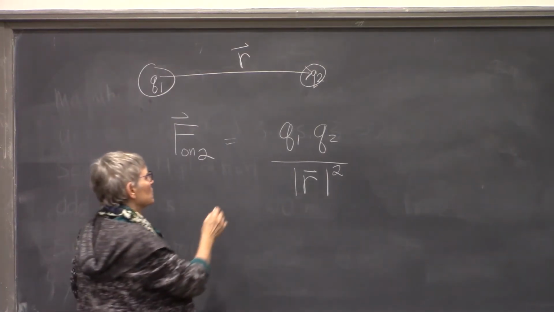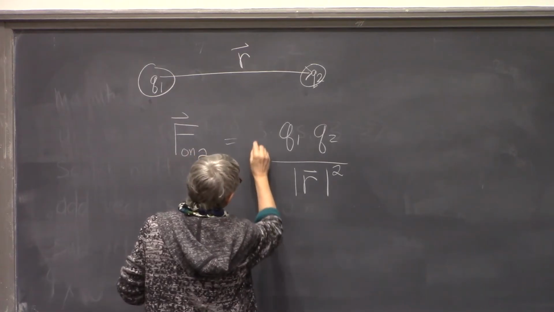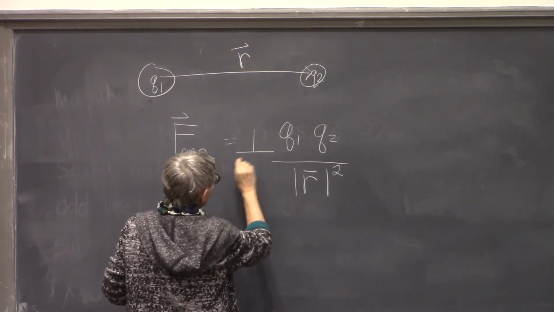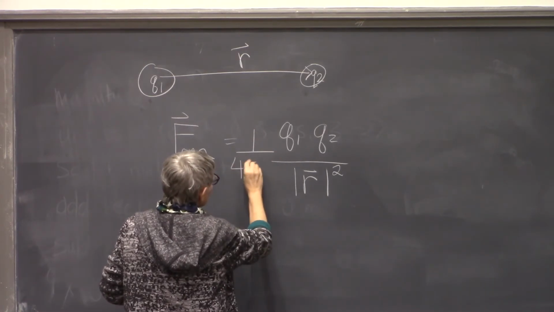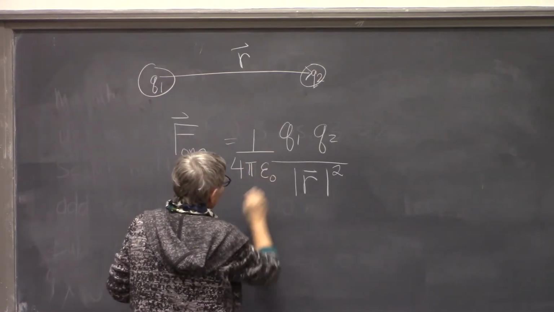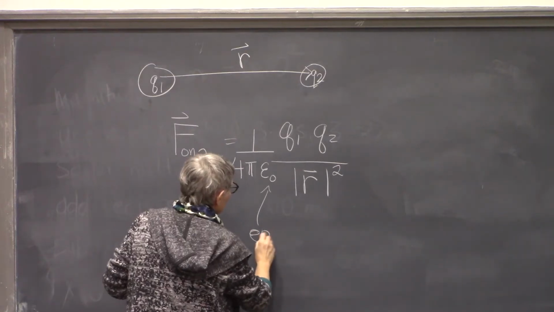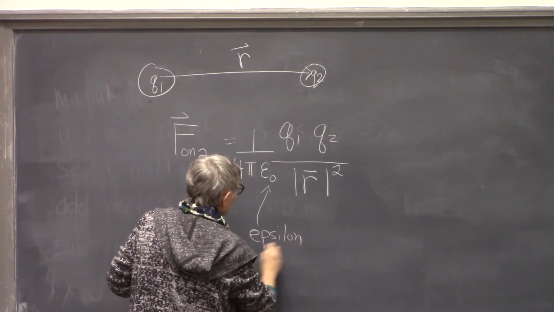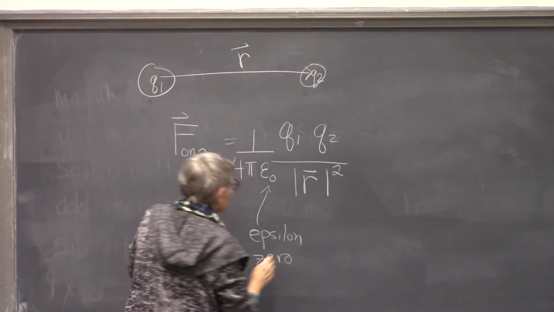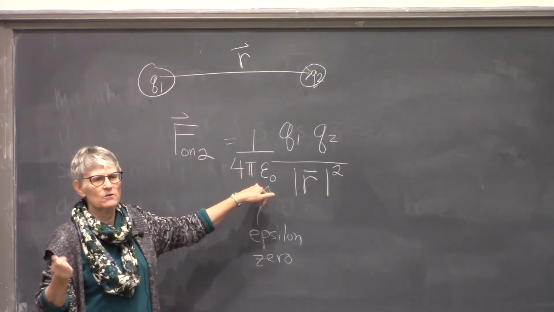And there is, and we write it as 1 over 4 pi epsilon 0. This is a Greek lowercase epsilon with a subscript 0.